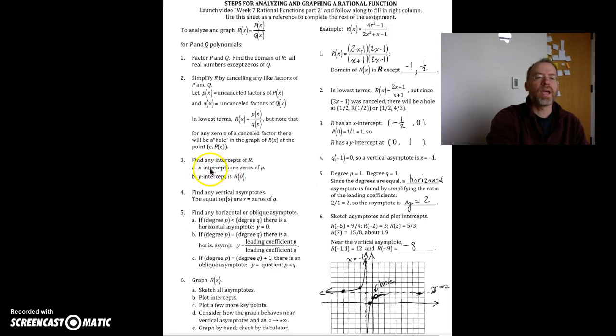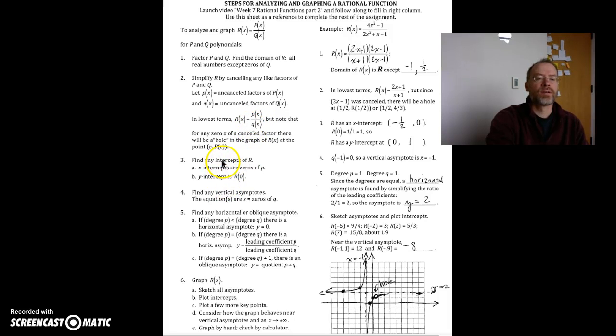And x-intercepts occur when the whole function formula is equal to 0, and if you think about it, that only happens when the numerator is 0. So basically, the zeros of P, the polynomial on top, are going to give you the x-intercepts of the entire graph. And the zeros of Q we'll use next in looking at vertical asymptotes.